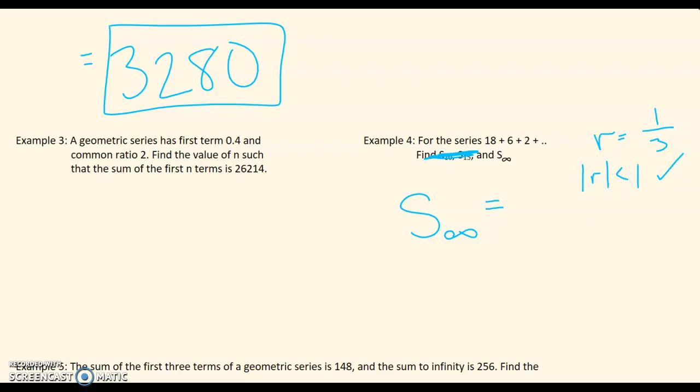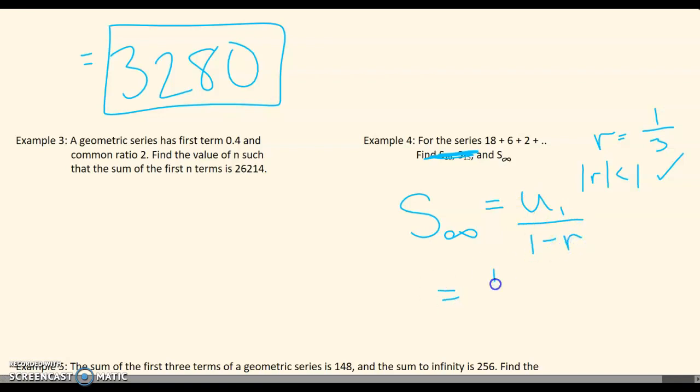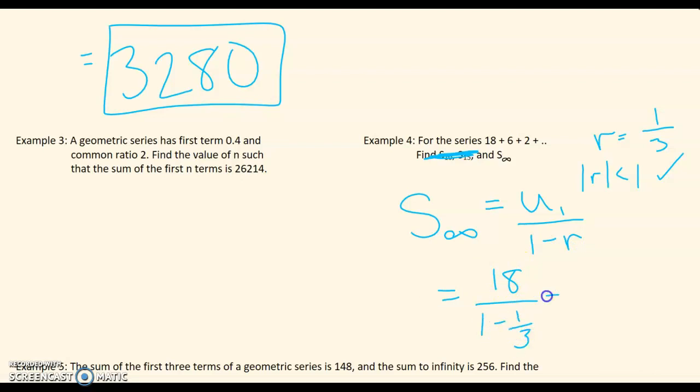So we can find the infinite sum. The infinite sum is u1 over 1 minus r. So on this problem, that's 18 over 1 minus a third, which is 18 over 2/3, which is 27. And that's your final answer. Easy enough.